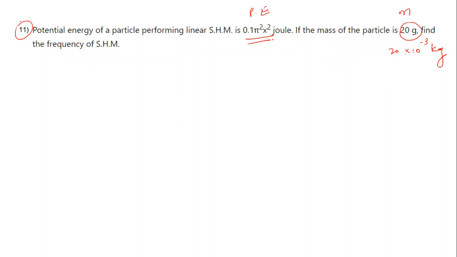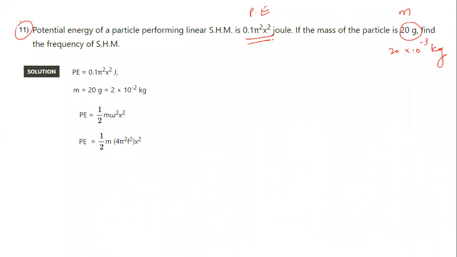In the formula of potential energy, so the solution here: potential energy is this, mass is this. Potential energy is given by the formula 1 by 2 mω²x².